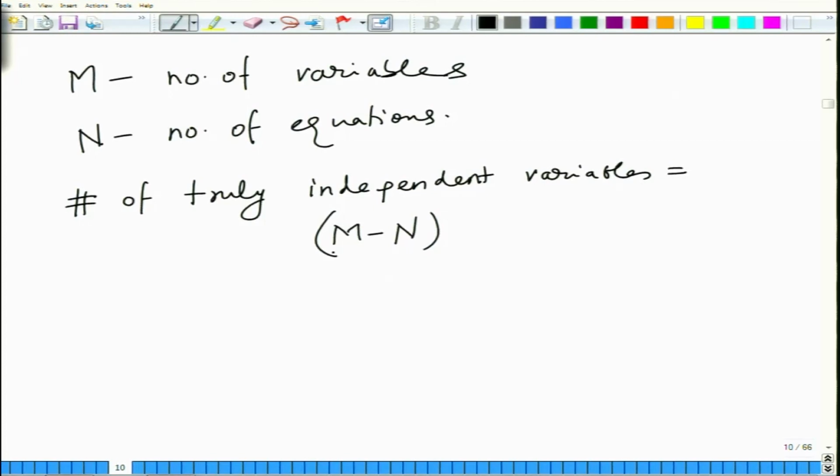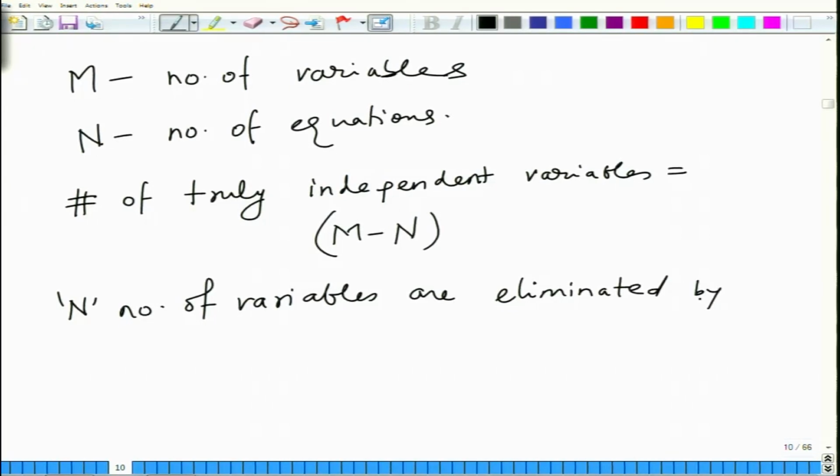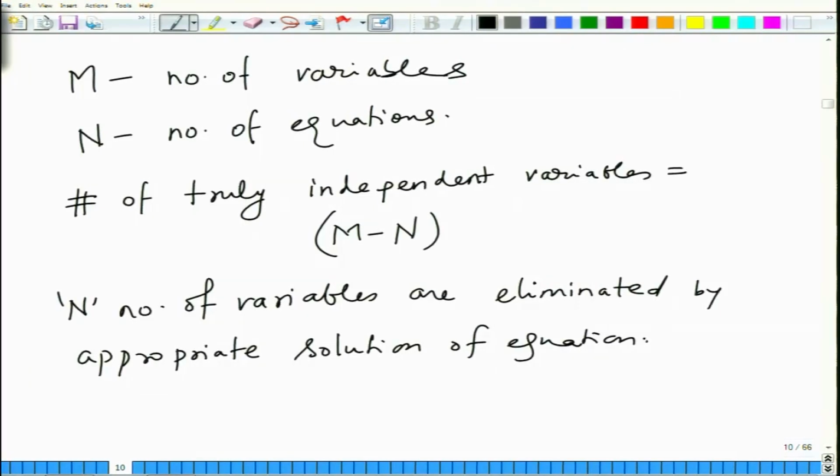Basically m has to be larger than n. What it means is that out of this total number of variables, n variables are eliminated by appropriate solution of equations, and basically they are not independent variables.